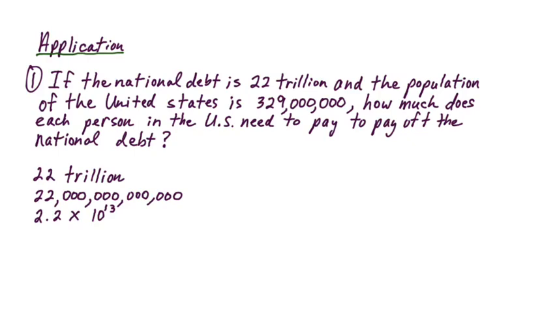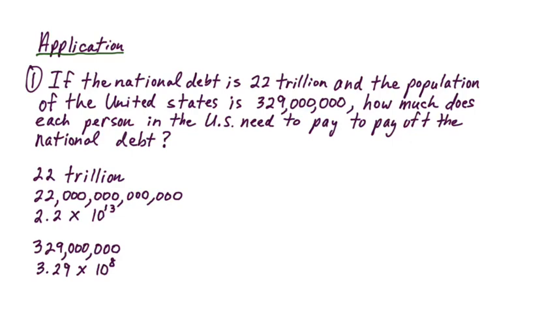If we write 329 million in scientific notation, let's see, we're going to have to go 3, 6, 7, 8 times. So it'll be 3.29 times 10 to the 8th. So now what we basically want to do is divide up that 22 trillion into 329 million parts.